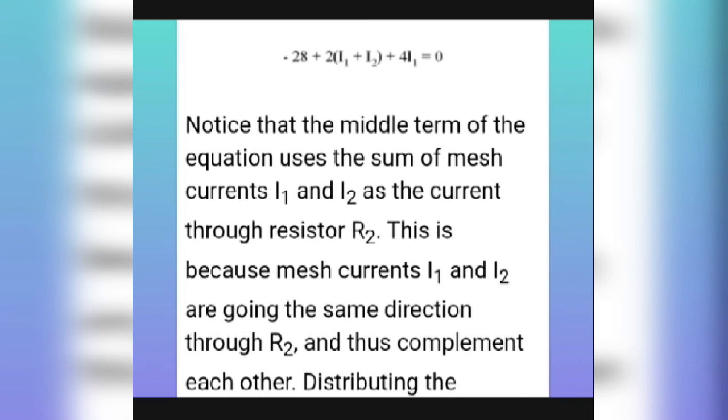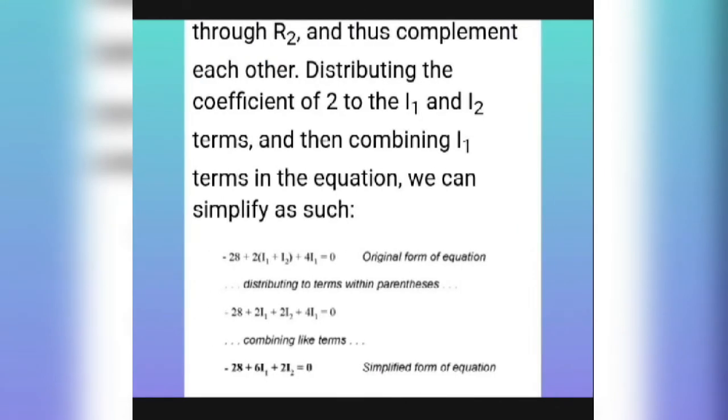This is because mesh currents I1 and I2 are going the same direction through R2 and thus complement each other's contribution. The I1 terms in the equation are compounding.